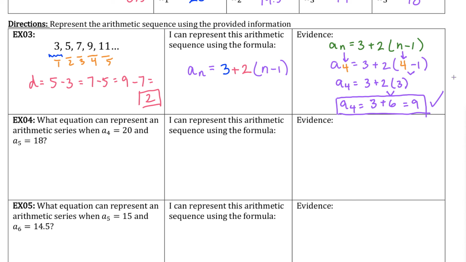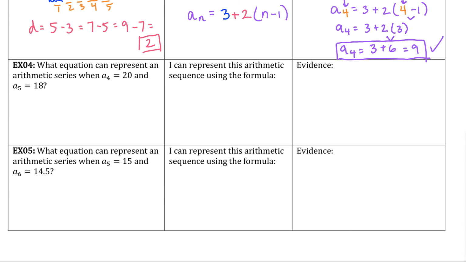Let's see. So actually, I'm going to skip this next one. I'm just going to jump to example number 5. So it says, what equation can represent a sub 5 and a sub 6. So it gives me the 5th term and the 6th term.